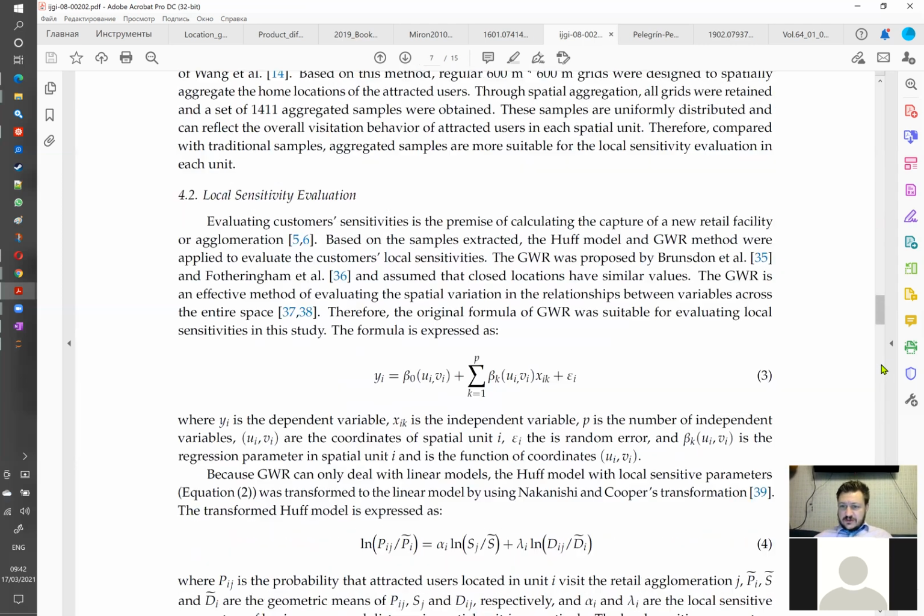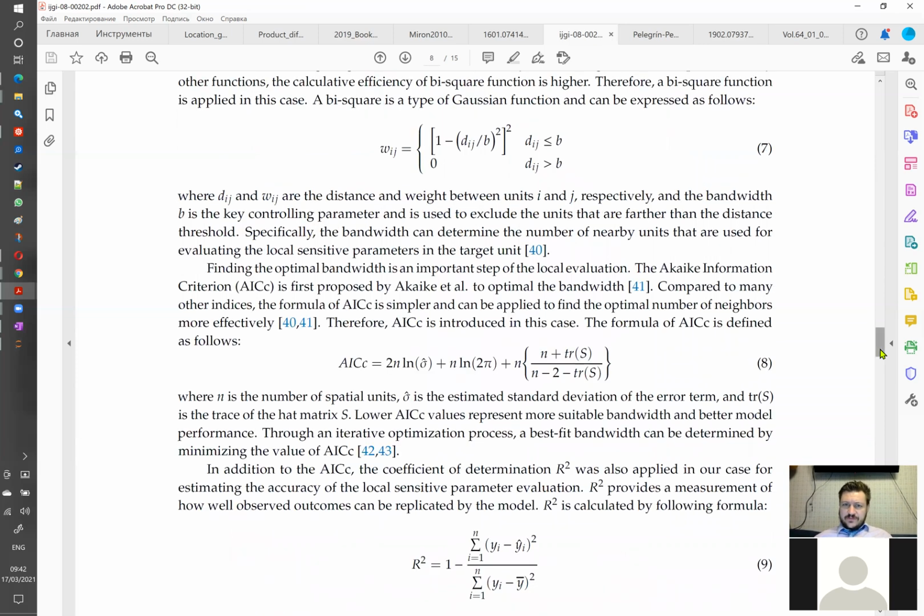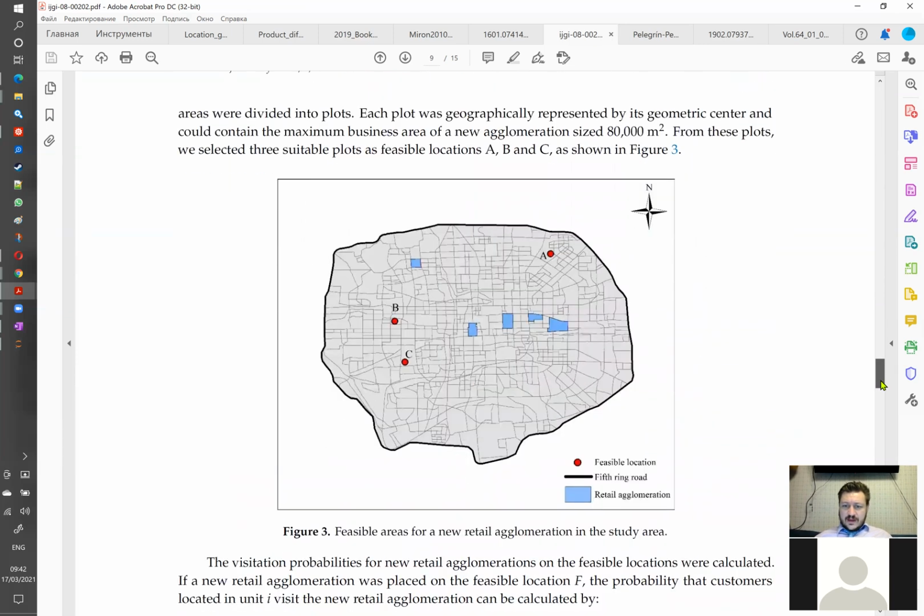Then there is a Chinese article, and they have some math and feasible locations for stores. So it's some kind of p-median problem on this graph, but they have a special map of roads and so on. It's a good idea how we can show the results of our optimization problem.